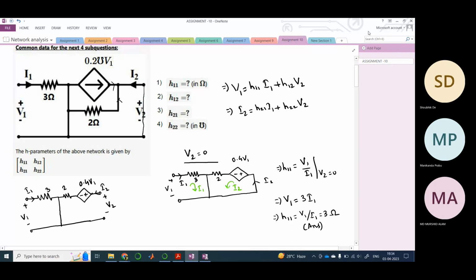That is why I did a source transform. But there is no rule that you have to do the source transform. You can do it this way also, no problem.